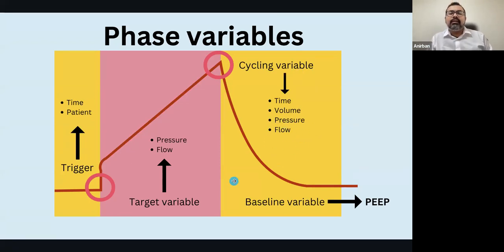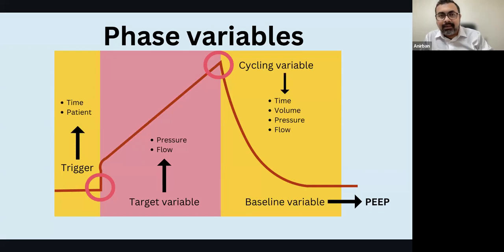Flow cycle is when the patient is going to tell the ventilator, okay, now you start expiration. Whenever a patient is on, say, pressure support mode of ventilation, initially the patient has a high peak inspiratory flow, and then the flow decays.